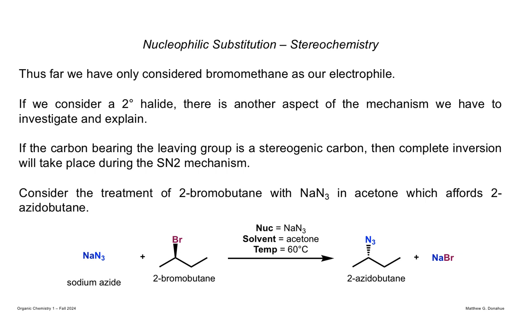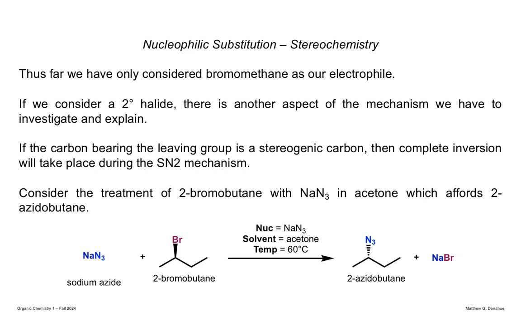So now this last part for SN2 is probably the most complicated. Models will really help you, but the visualization is what is key to understanding this. If we look at carbons bearing the leaving group that are also stereogenic centers, when the nucleophile displaces it, there'll be an inversion of that stereocenter.